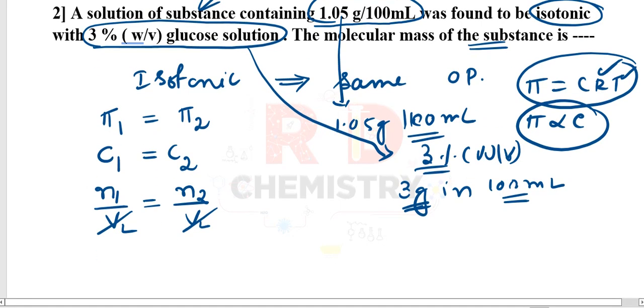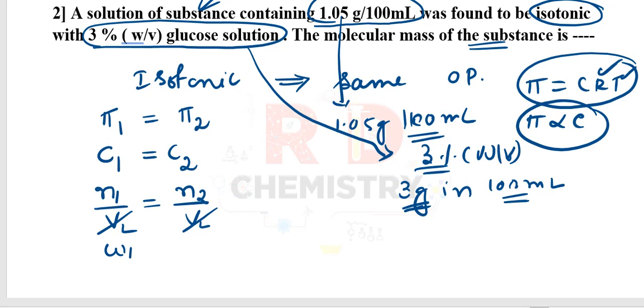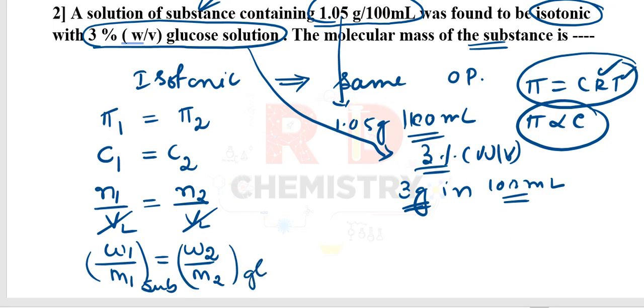How do you calculate number of moles? Number of moles is equal to given mass W1 divided by molar mass, right? So first one for the unknown substance and second for the glucose solution.